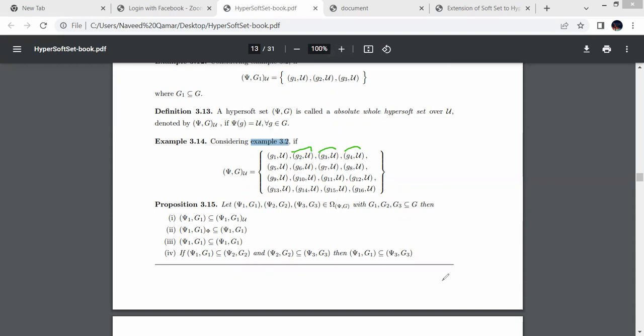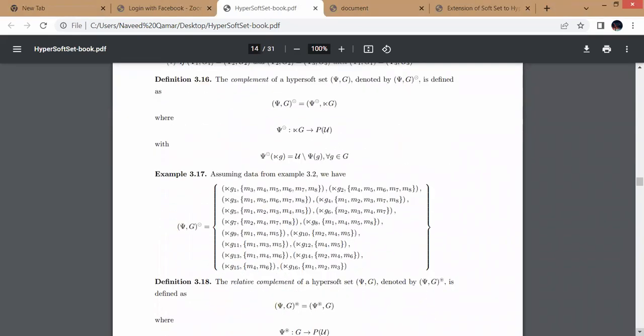Similarly, these are some properties like we had discussed in our previous section of subsets. There is another definition, the complement. So complement is the same as NOT set. Assuming data from table 2, NOT of G1: in G1 there were 2 mobiles.